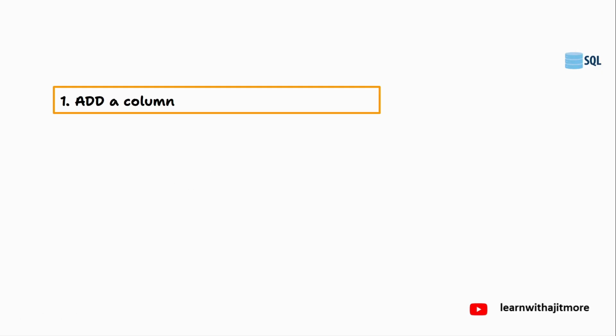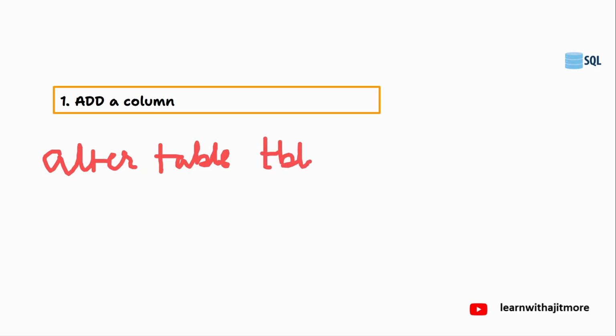Okay. Using the alter command, you can add a column. So how will you write that command? Alter table, table name, whatever the name of the table is. Okay. Then what do you want to do?